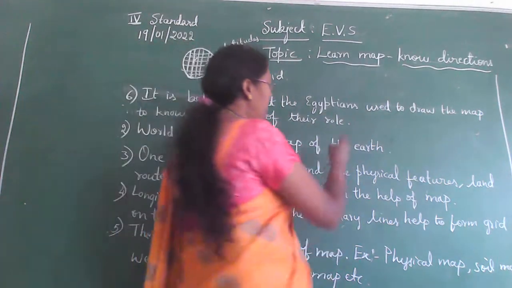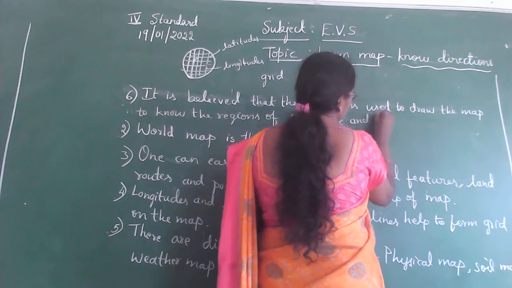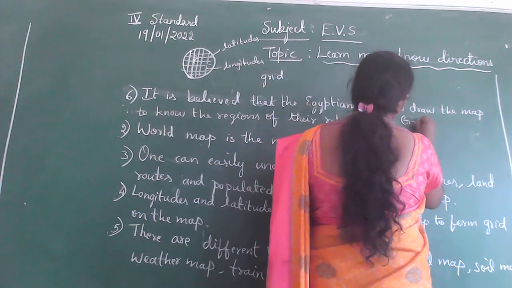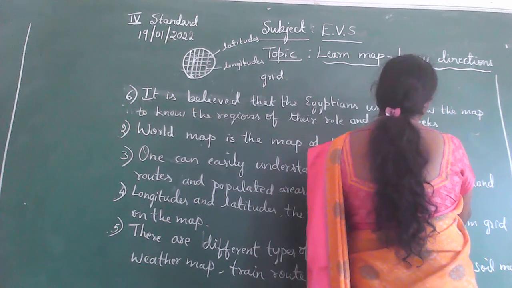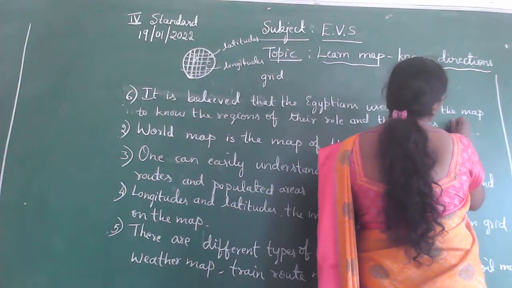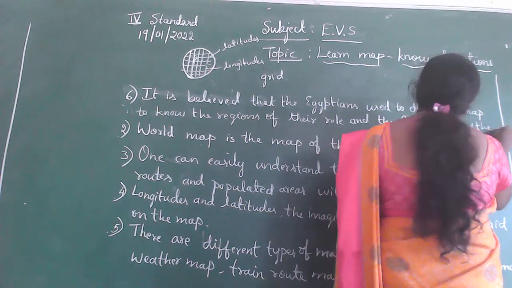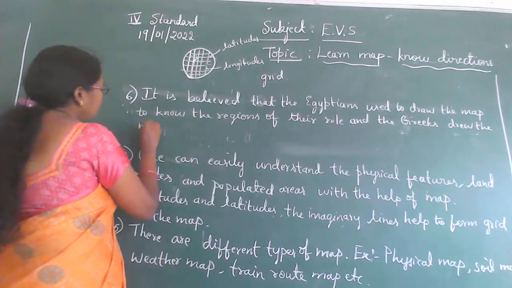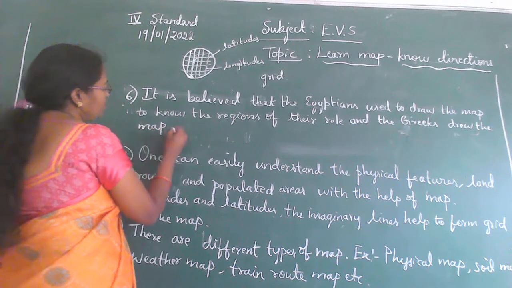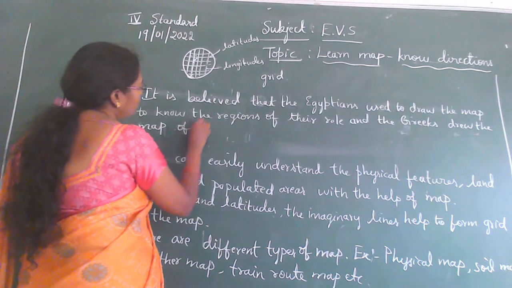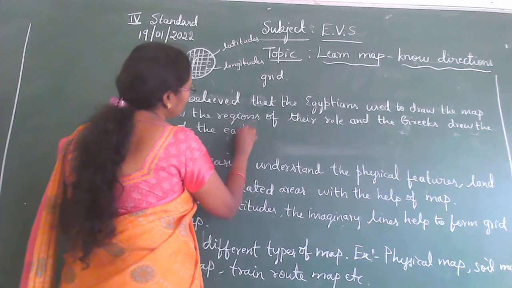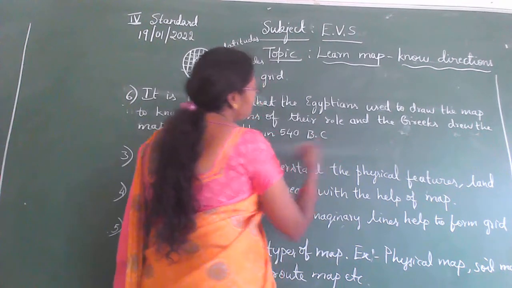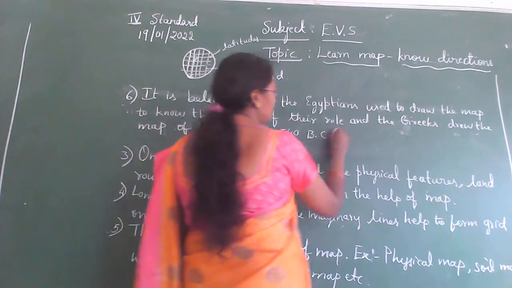Okay. And the Greeks drew the map. They drew the map of the earth in 540 BC. BC means before Christ.